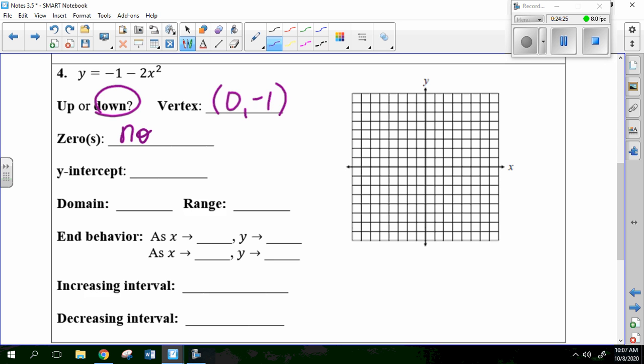So we just write none right here. Okay? Well, didn't we talk about that earlier? That could happen with a v. That could happen with a parabola as well. Okay? There's always going to be a y-intercept. All right? So let's plot it. 0, -1 is the only point that I can plot.